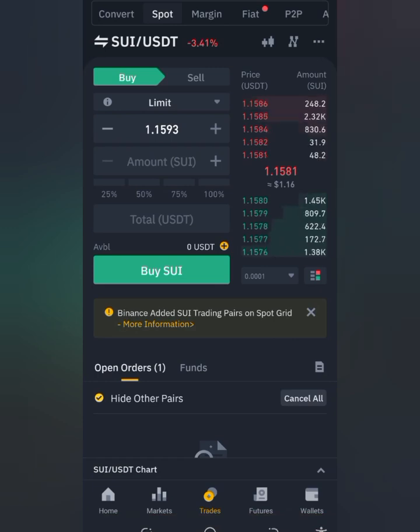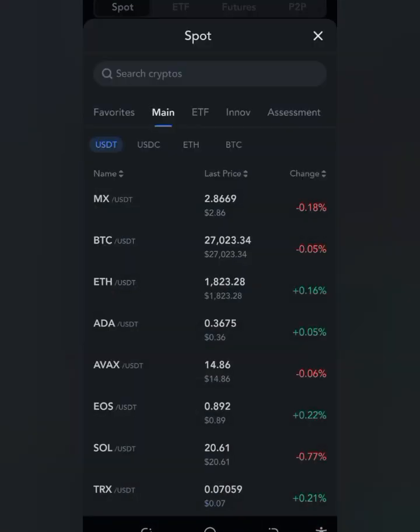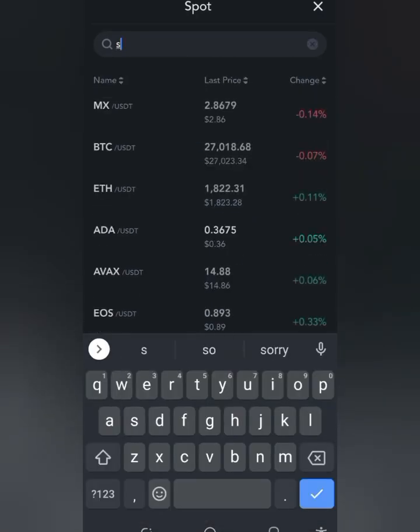So it was launched, and I think they launched on quite a number of exchanges at the same time. But some coins, they don't launch at the same time. But for this SUI, I think it launched on quite a number of exchanges around the same time. So this is $1.1578. Let's check on Maxine to see whether this is available.